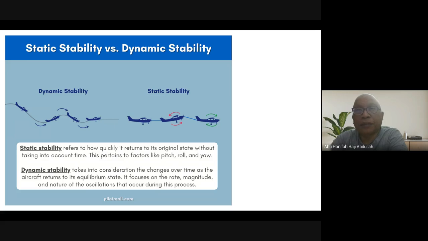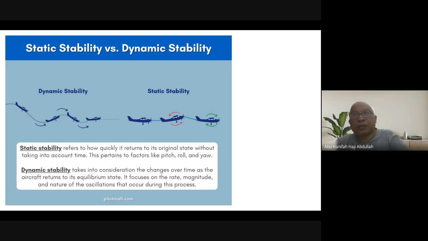So there's a difference. For example, here static stability refers to how quickly it returns to the original state without taking into account time. This pertains to factors like pitch, roll, and yaw. But dynamic stability takes into consideration the changes over time as the aircraft returns to equilibrium. We focus on the rate, magnitude, and nature of the acceleration that occurs during the process.